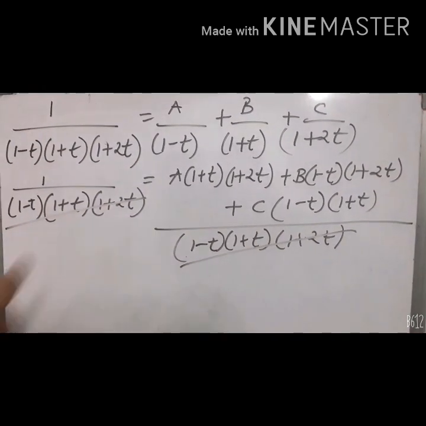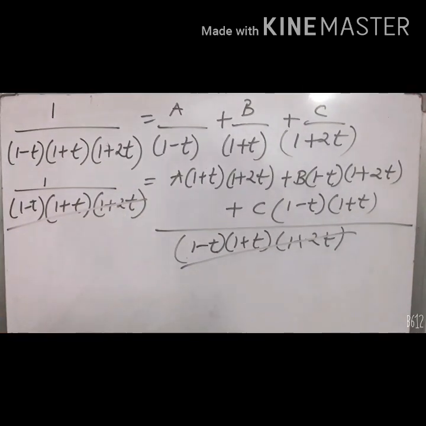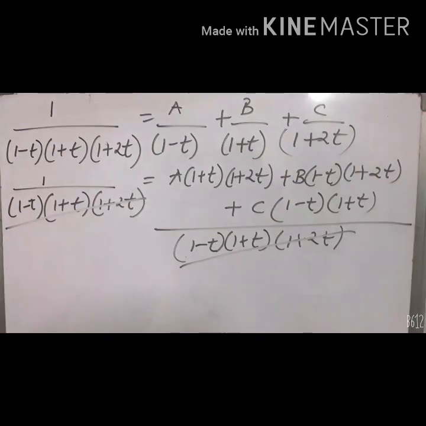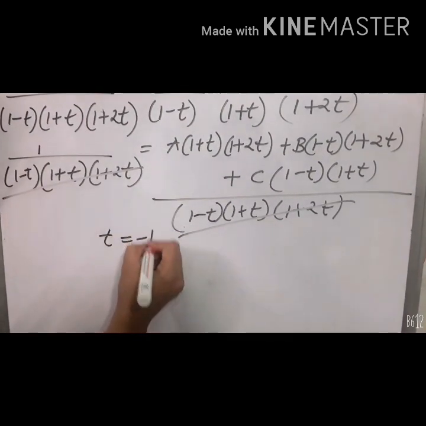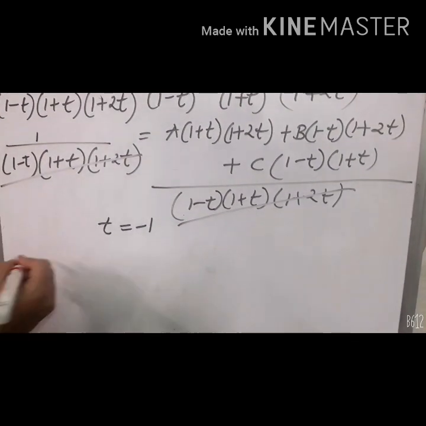Fine. Now I have to do the same thing, I need to find out A, B, C. For 1 plus t, I will put t equal to minus 1.